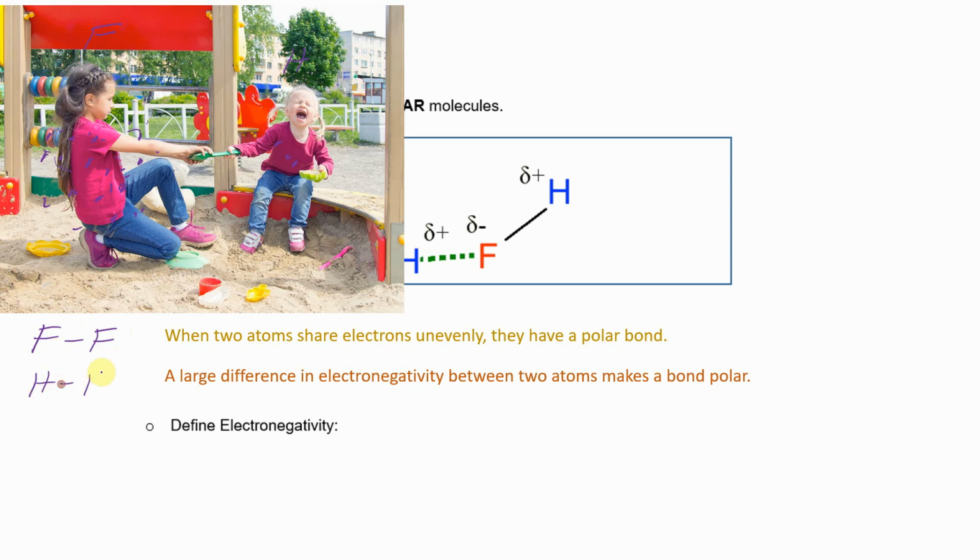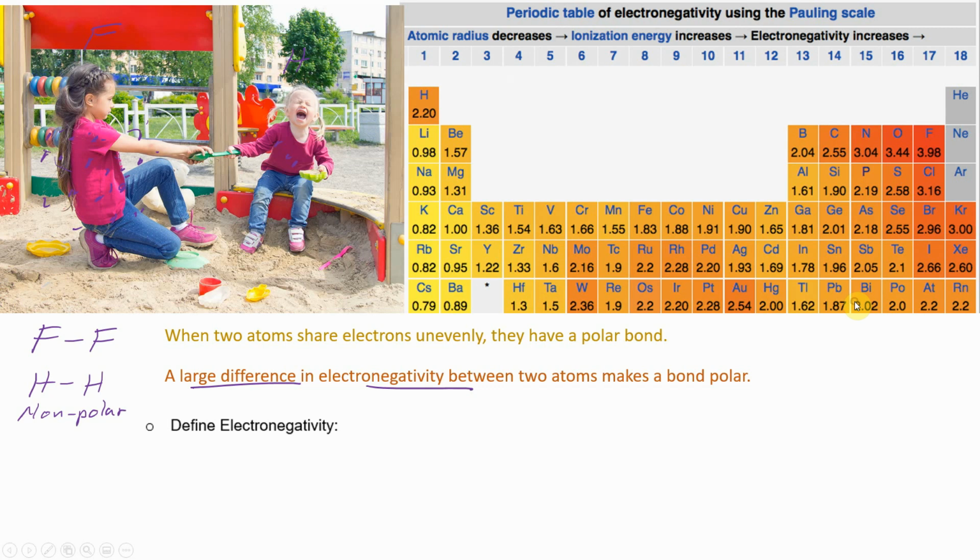And of course, if you had two young kids, they would also share pretty evenly. It's the large difference in electronegativity that really matters here.